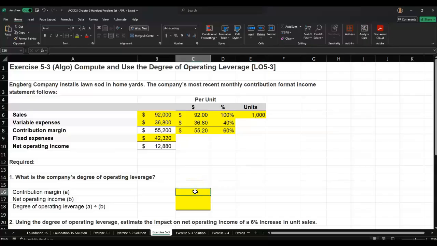All right. So at this one, we're given several different items of information, and then they ask, what is the company's degree of operating leverage? Well, again, we're simply going to pick up the contribution margin, pick up the net operating income, and divide it. So 4.29.